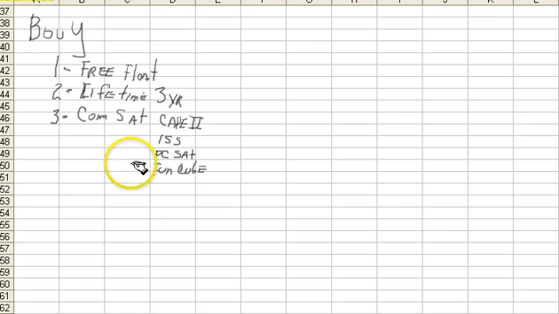All right, now let's talk about what it's going to do. One of the things we want it to do is measure water or wave height. We want it to do wind speed. We want it to do wind direction.